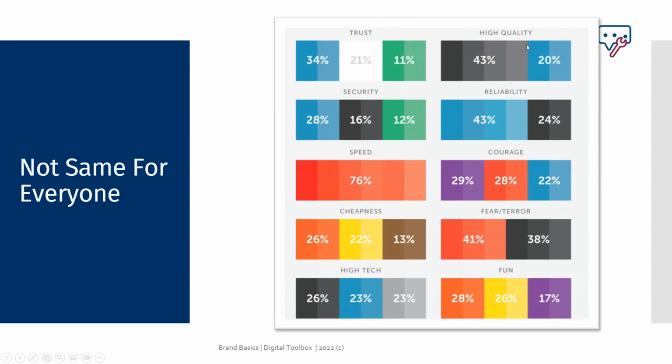Black has a lot of the same associations, though it doesn't have the same trust factor that blue has. Purple and yellow have a little bit more fun. And so, as you're picking colors, you want to be aware of the associations, but you also want to ask yourself, does this color make sense for my brand?